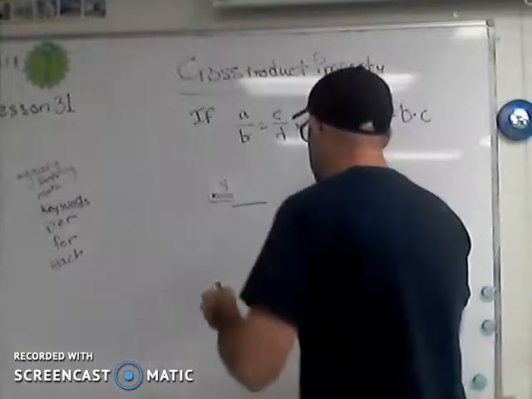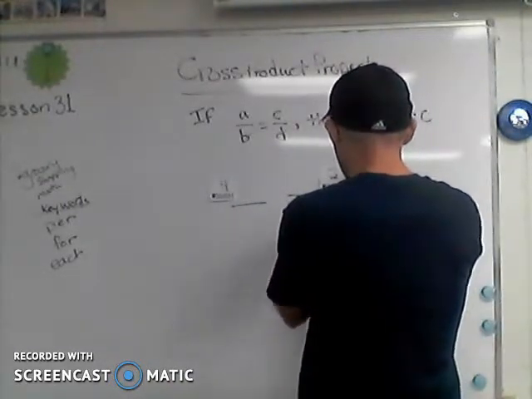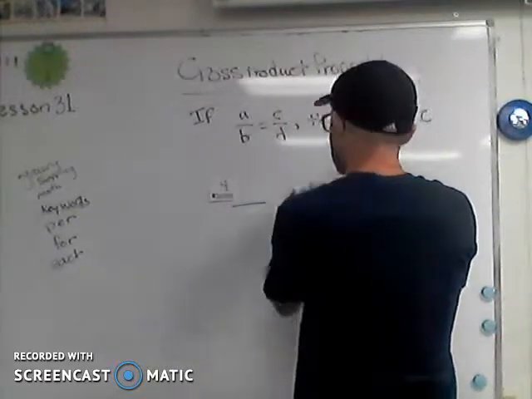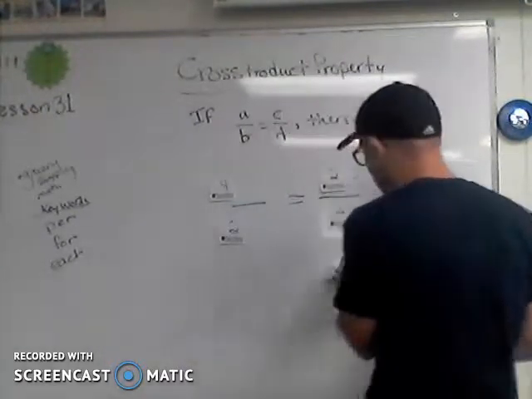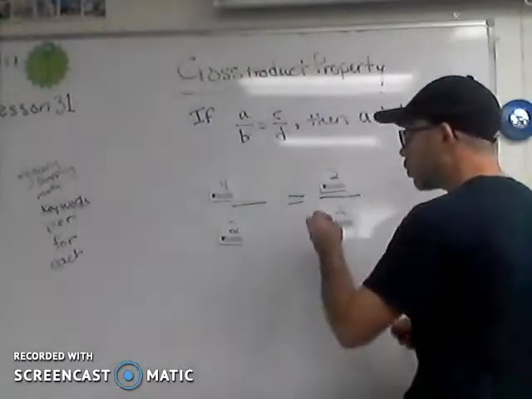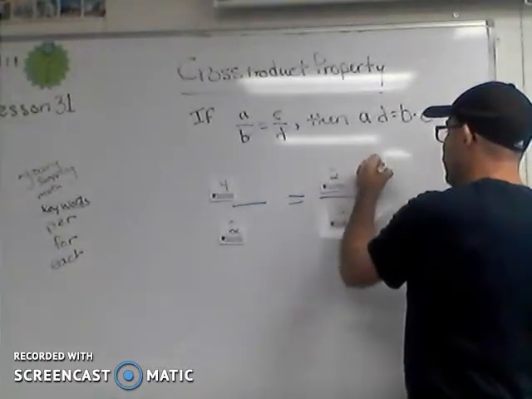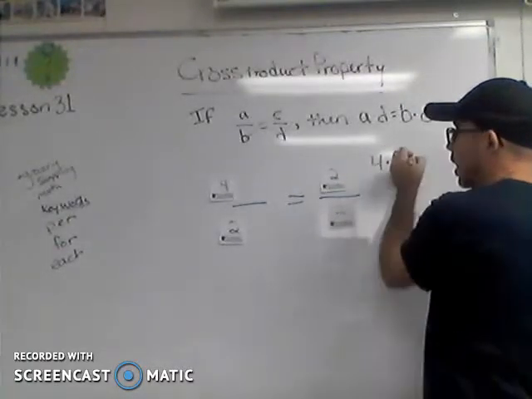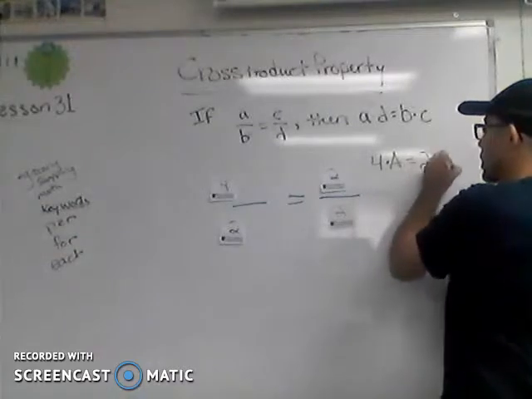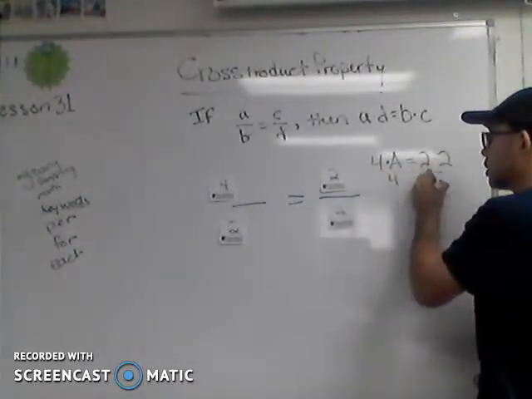Now, what they'll typically do in the book is leave one thing as an unknown, like this, and they'll say, what is A? One quick way to do that would be to take the cross product and turn this problem into 4 times A equals 2 times 2, and then finish it off by using division.